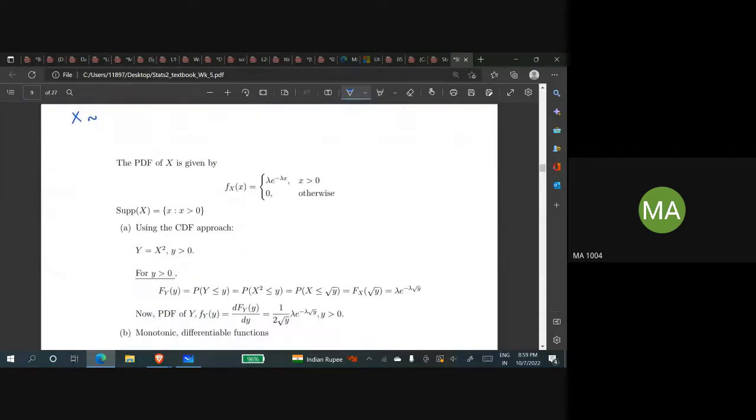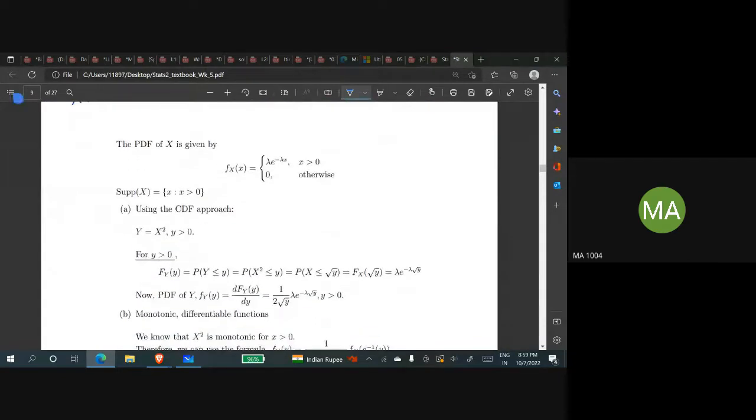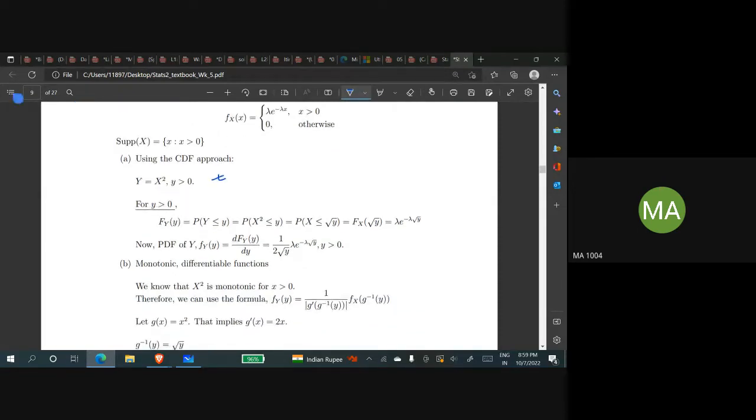All right. Let's look at how we solved it. So we had y equal x square, and we had to find the CDF for this function y equal x square. So Fy of y is probability Y less than or equal to y, which is x square less than or equal to y.